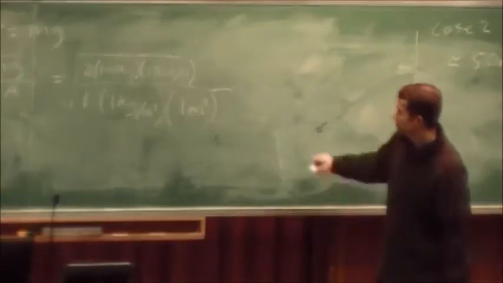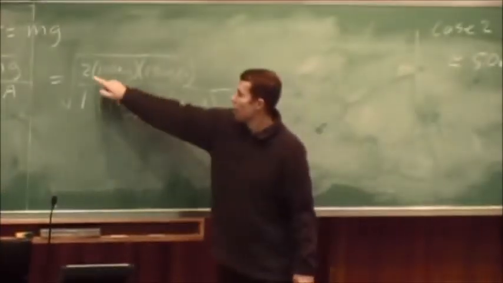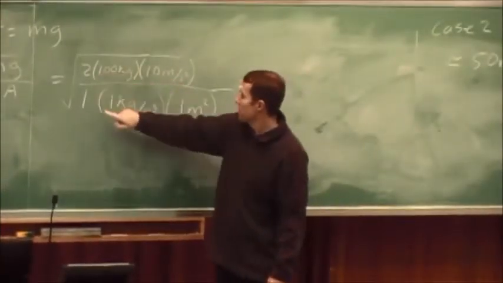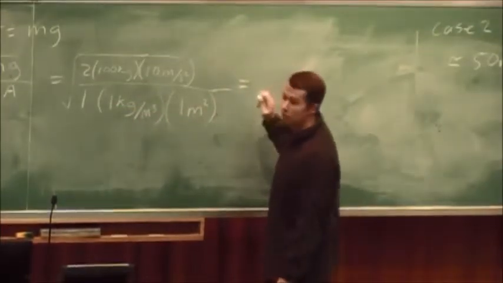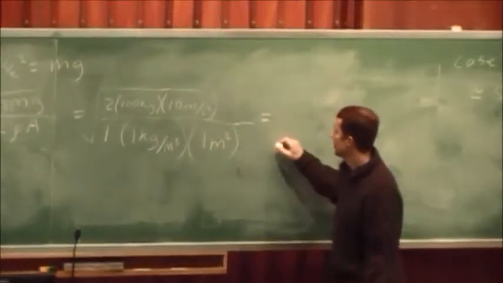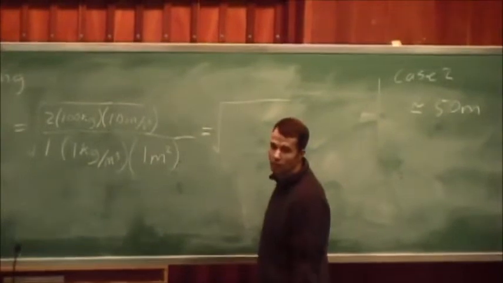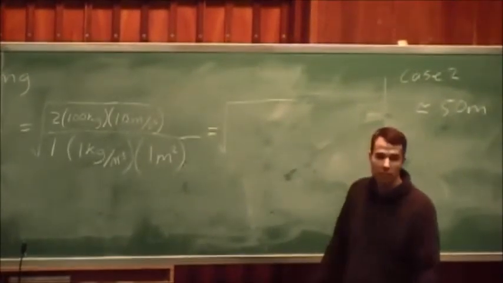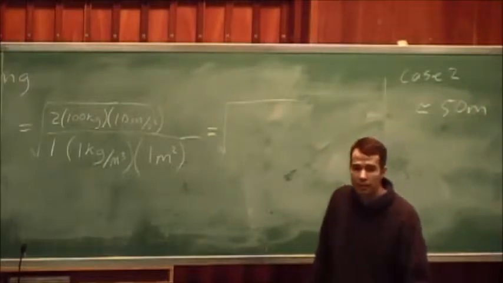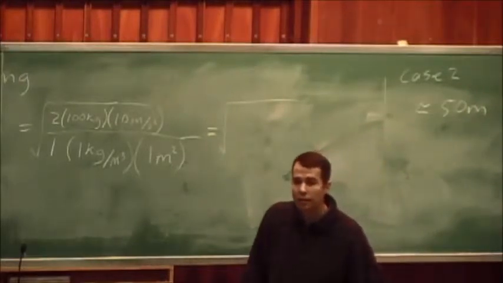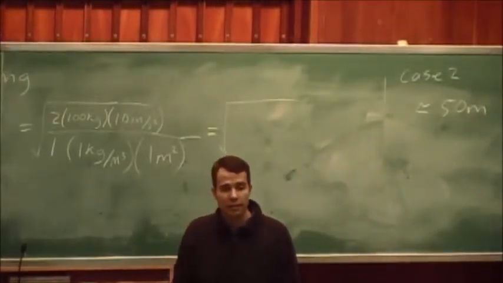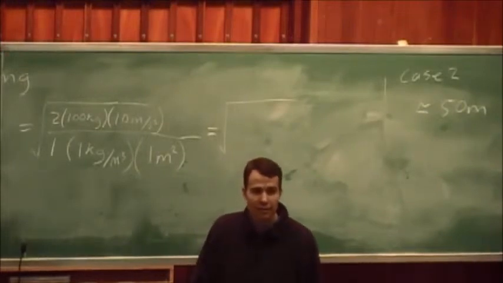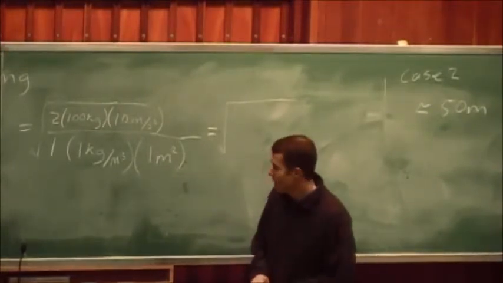Okay, so this is 2,000 divided by 1. The square root of 2,000 is? Anyone know? Okay.